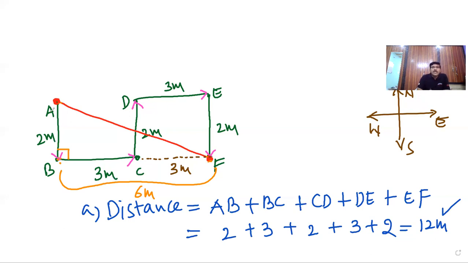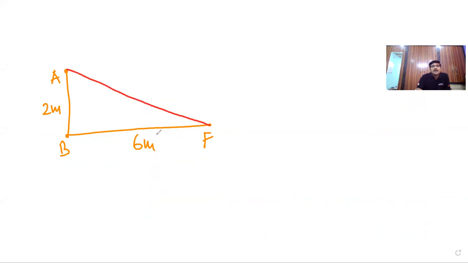Clear? So ABF triangle. Here this is 2 meters, this is 6 meters BF, and this is the straight line joining AF.